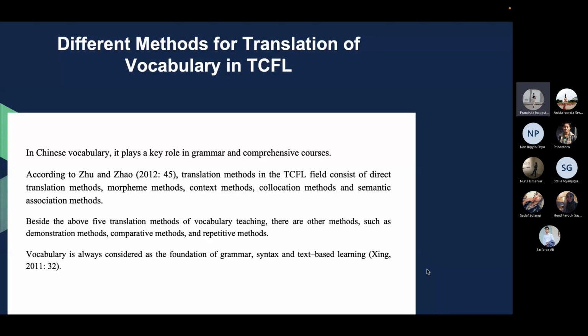So here is the next topic: different methods for translation of vocabulary in TCFL. In Chinese, vocabulary plays a key role in grammar and comprehensive courses.